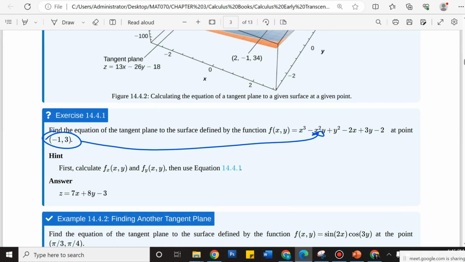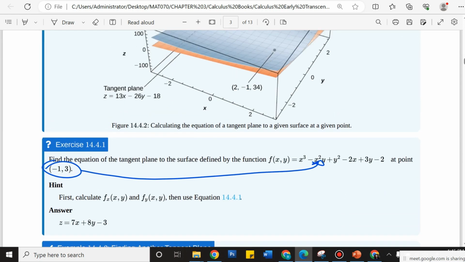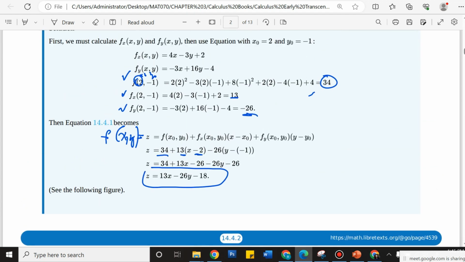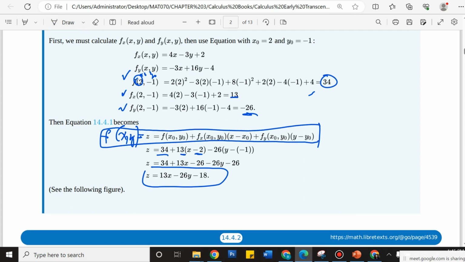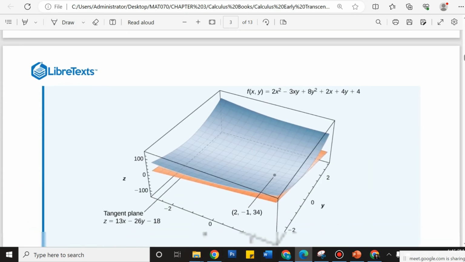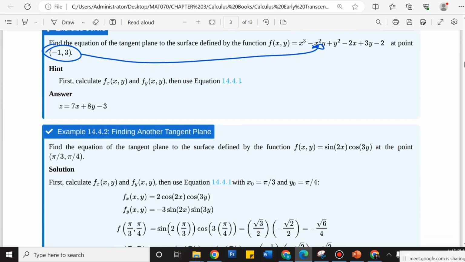And then, after ana, i-follow na dayon ninyo ning balik ta sa formula. Okay? Direct substitution data diri tanan. And after that, masubstitute ninyo, you will have the answer nga z is equal to 7x plus 8y minus 3.